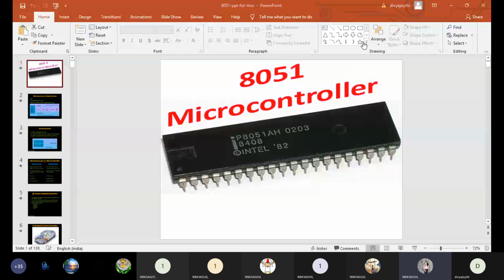Yes, ma'am. Sorry, what are you asking for? Data memory definition. Now you're asking for something. Can I continue? Yes, we'll continue.